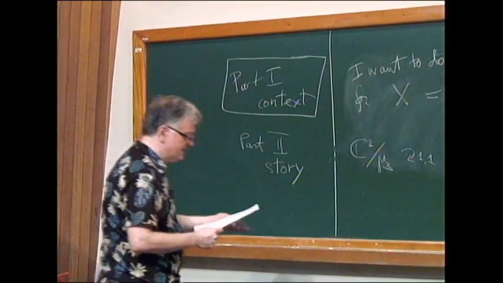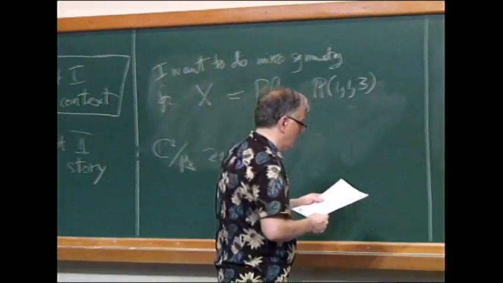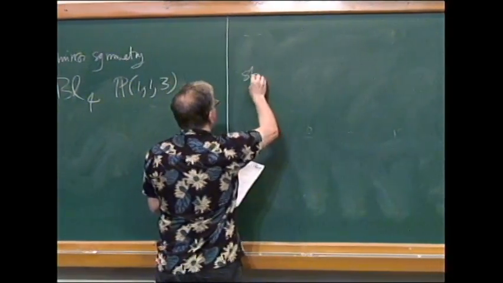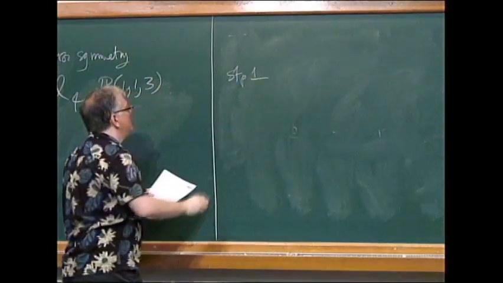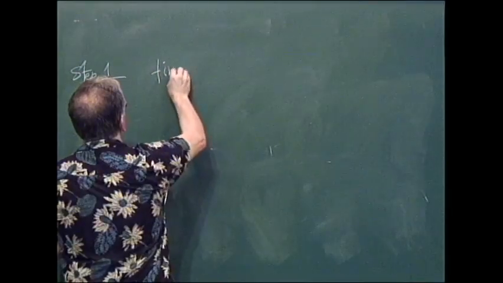So what are the steps? Step 1, remember, mirror symmetry is about toric degenerations. So find a toric degeneration, X_P.